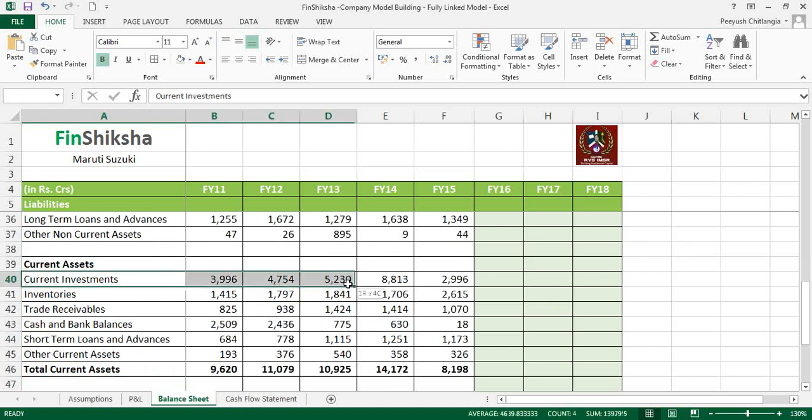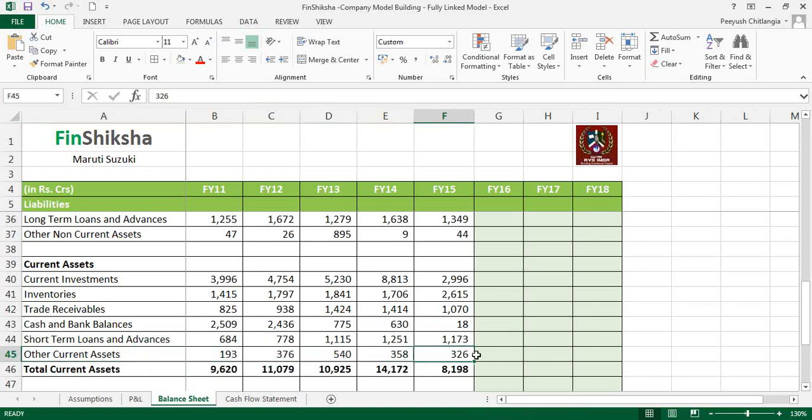Current assets will include current investments. These are like short-term investments that the company has made in the bank. Then inventories, trade receivables, money that your customers are supposed to pay you, cash and bank balances, which is the actual cash amount in the bank that can be used immediately, short-term loans and advances that the company has made to others in terms of their overall loans given out somewhere, and there could be some other current assets as well.